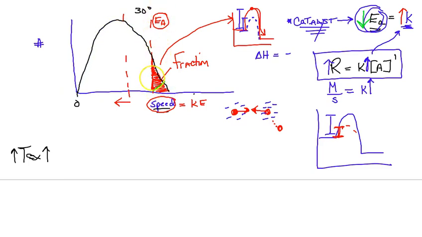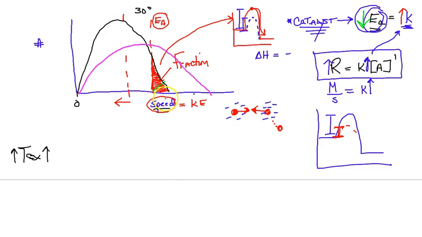We can see that the E of A is right here, and only a small fraction can overcome this reaction barrier. Now, what I'm going to do is increase the temperature. So let's go with a magenta. If I increase the temperature, this distribution of speeds flattens out.